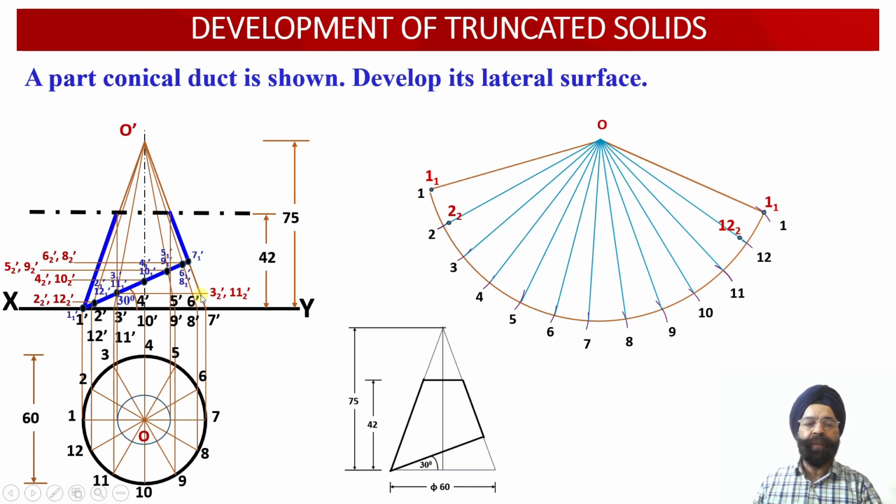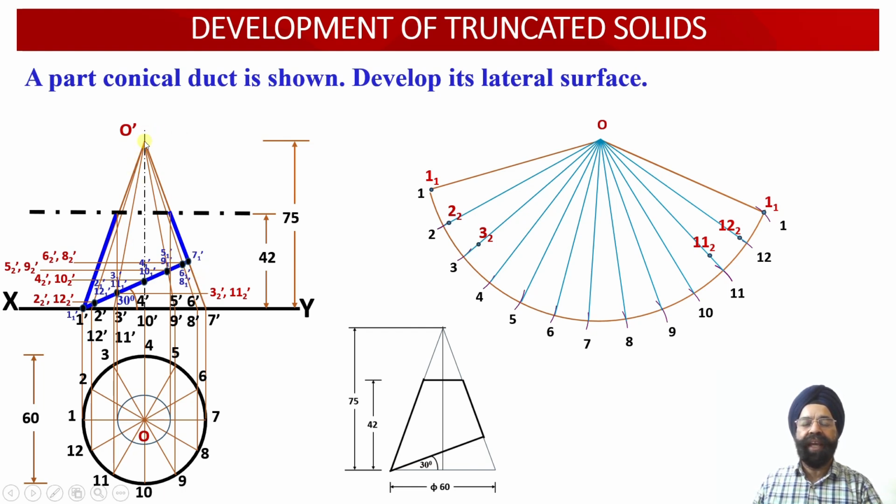Similarly, corresponding to the next 2 points, that is 3 1 dash and 11 1 dash. So this was the apparent length of the radii corresponding to these 2 points. Now we have obtained the true length of the point of intersection onto the true length O dash 7 dash over here.